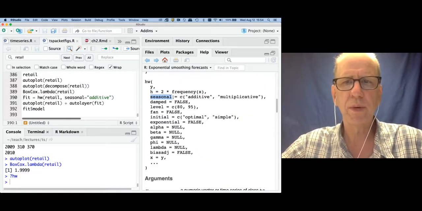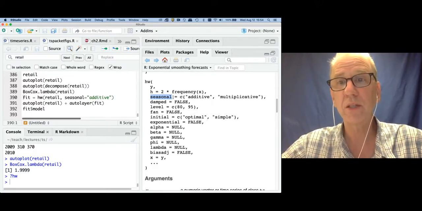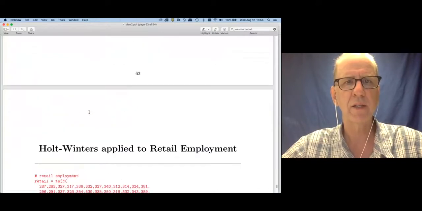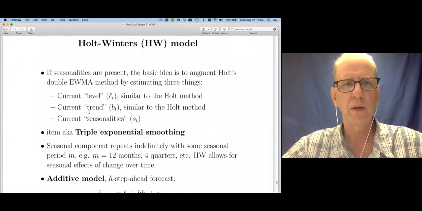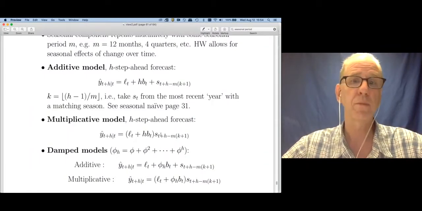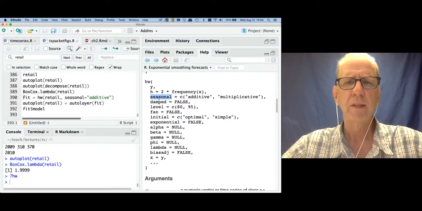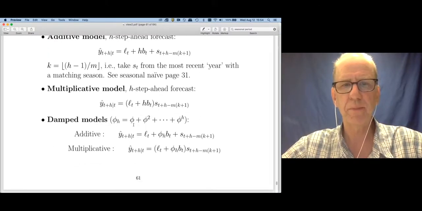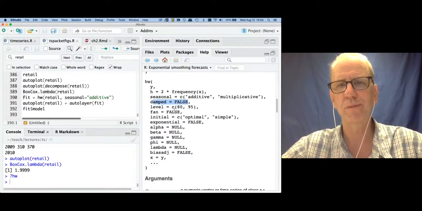With the Holt Winters method, we have to tell it whether we want the seasonal effects to be additive or multiplicative. And that corresponds exactly to whether I have this additive seasonal effect or the multiplicative one. The damped argument indicates whether or not to use damped trends when I forecast into the future.